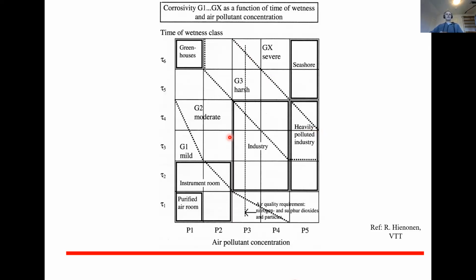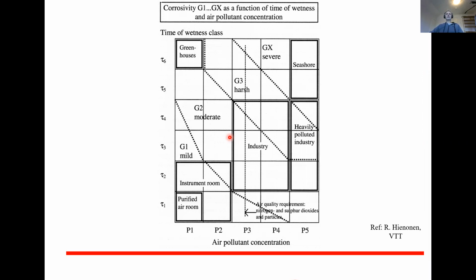Okay, so this concludes the classification of environmental conditions. Hopefully you got the point. Because direct measurement is not possible for all environments, you should have some kind of model environments where you can predict the average conditions, and based on these average conditions from the moisture viewpoint as well as the impurity viewpoint, you can predict how severe these conditions would be for an electronic product.